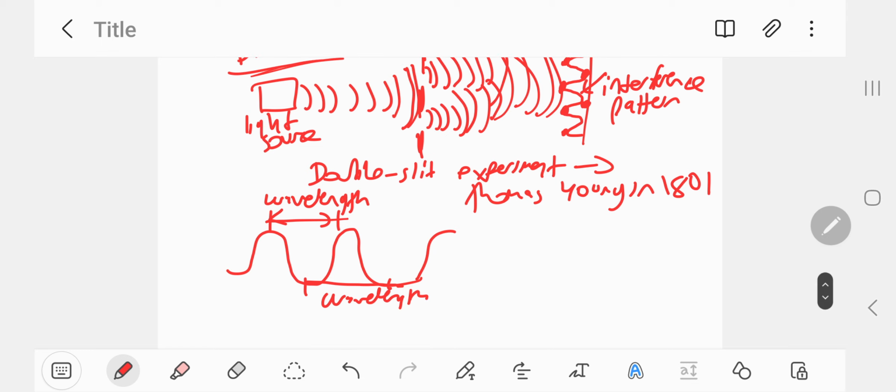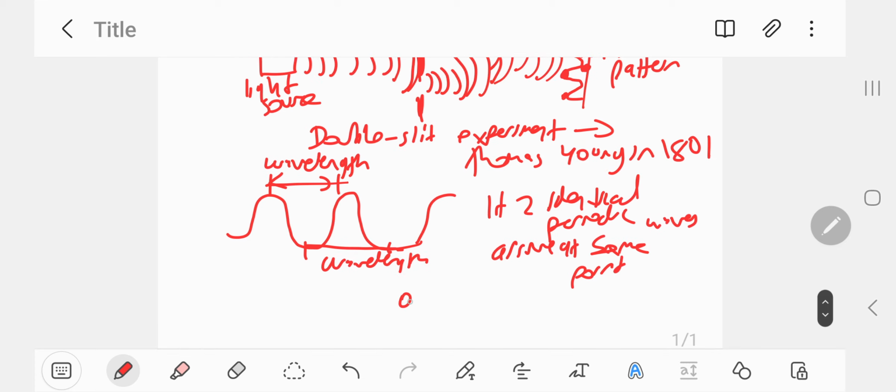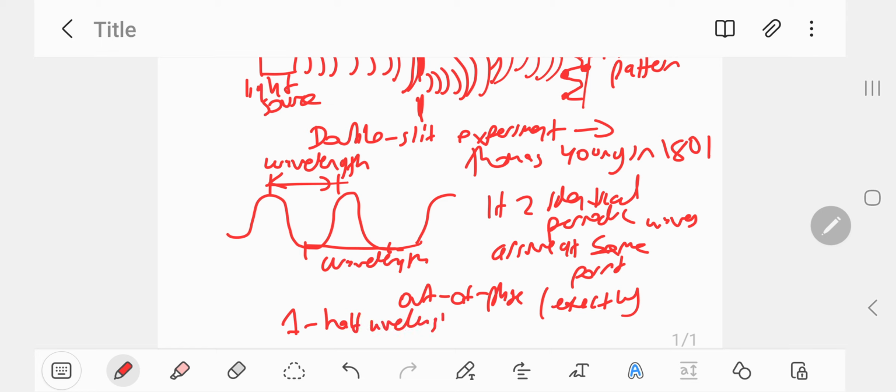And as I mentioned before, if two identical periodic waves, periodic means they have this regular pattern, arrive at the same point, I should say, and they come at the same point out of phase. Out of phase means they're exactly 1/2 wavelength in difference. Okay, in other words, they're out of sync.